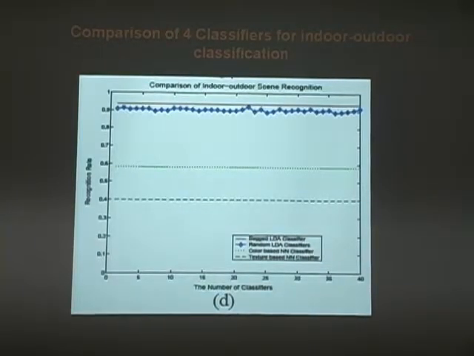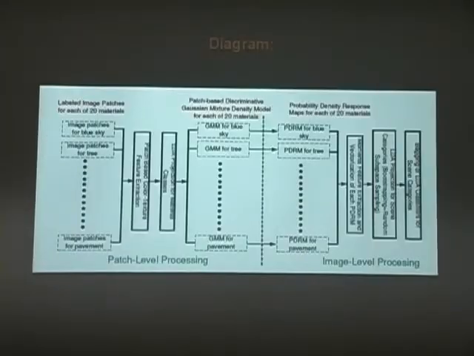Actually, in the outdoor-indoor case, all the random LDAs perform very well, based on our database. So the bagging method does not give you much improvement over our classification rate. But I have some results I won't show you here: when you do multiple scene categorization, this bagging method does help. But I won't show it because I don't think it's very important here.